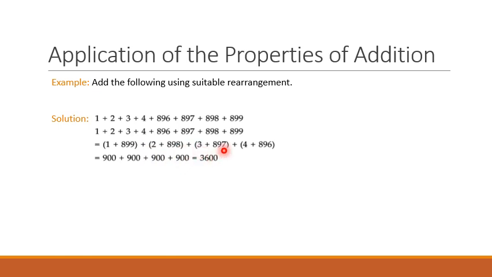Similarly 3 and 7 gives 10, 4 plus 6 gives 10, 5 plus 5 gives 10. So try to make such pairs and group them together so that the addition becomes easier. In this way we can use the associative property of addition to solve such problems.